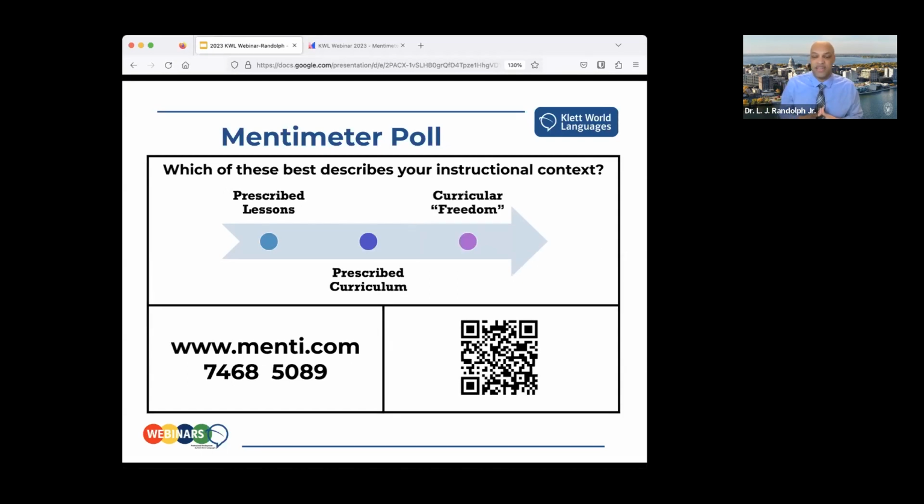And then some of us may have curricular freedom, and I put freedom in quotation marks because we're still bound by the practices and the cultures of our institutions, so we're never really completely free. But some of you may be able to do what you want. Maybe the powers that be either don't care or they trust you enough that they don't feel the need to dictate what you do in any kind of way.